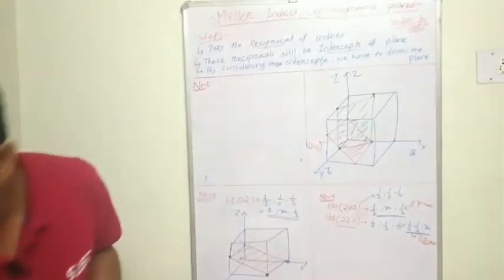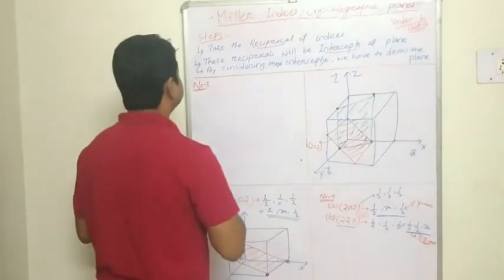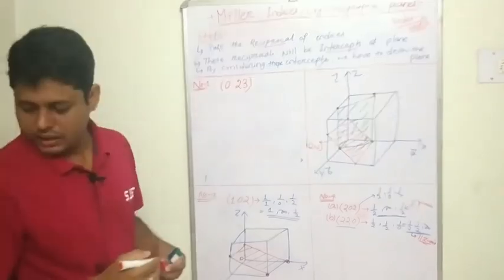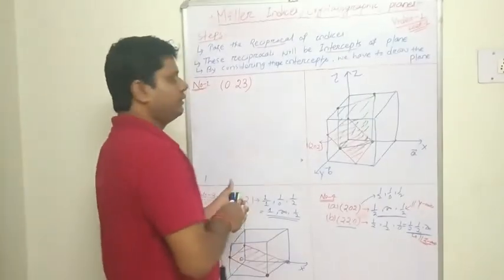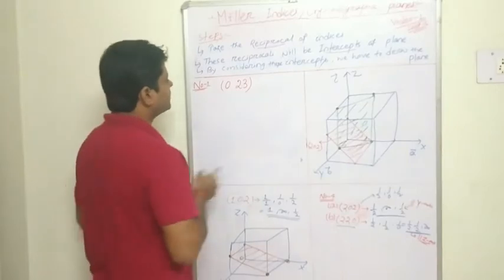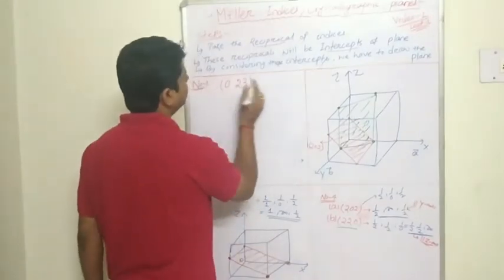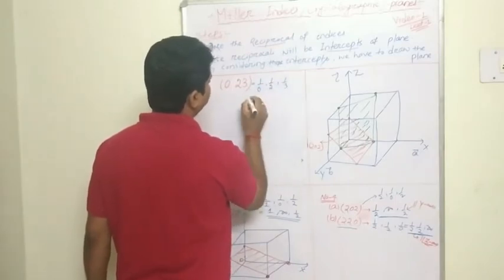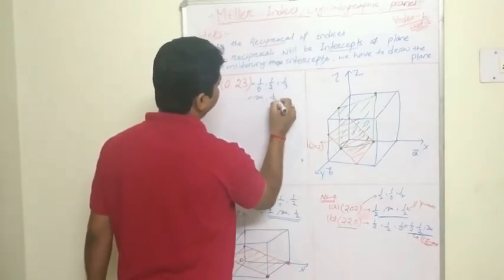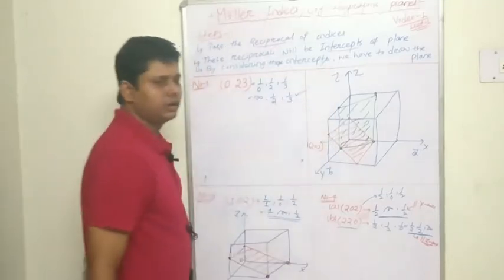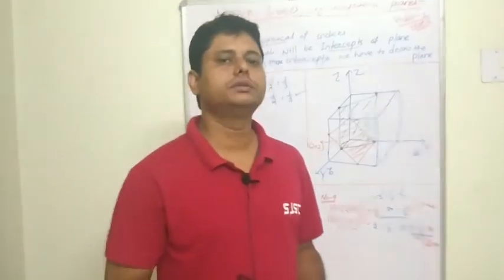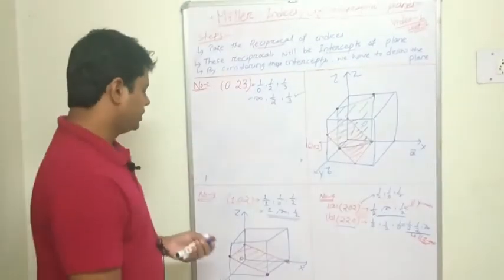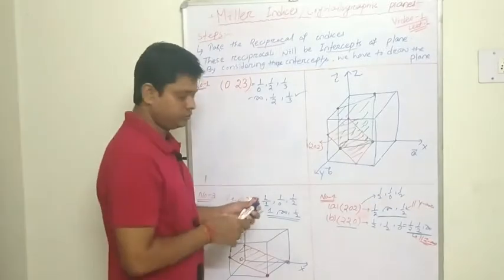If it is so, then first we have to find the reciprocal of these Miller indices, that will be 1 by 0, 1 by 2, 1 by 3, that is infinite, 1 by 2 and 1 by 3. Okay. So these are nothing but the intercepts of the plane that we want to draw in the unit cube. For that we have to draw a unit cube first.